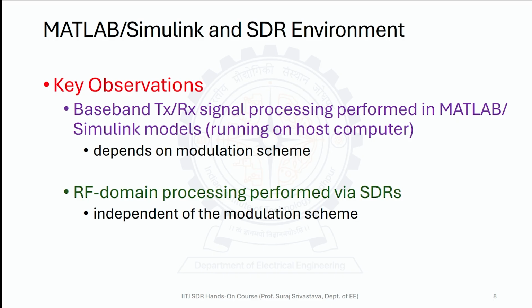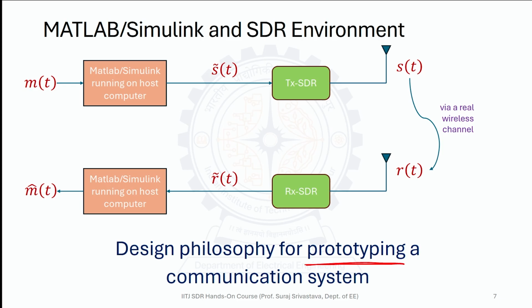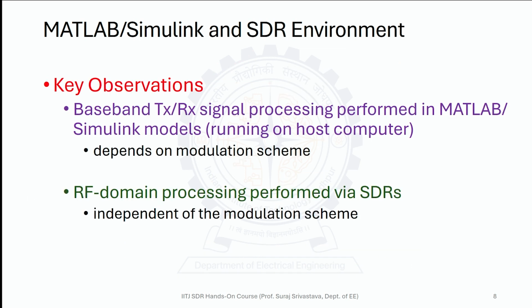Now let us look at some of the key observations which will further emphasize the role of the equivalent complex baseband signals S tilde t and R tilde t. So let us explore this systematically. What are our key observations? First, the baseband Tx and Rx signal processing is performed in MATLAB Simulink models which are running on the host computer.